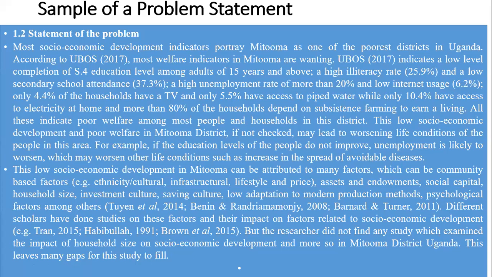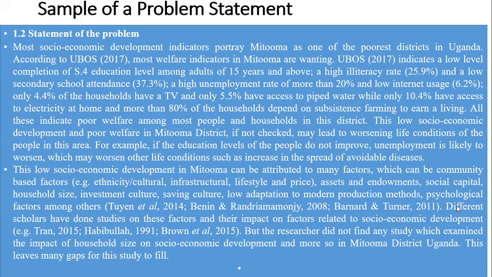We were talking about the problem statement, the second paragraph. Yes, we are talking about this second paragraph, that the researcher is mainly explaining the causes of the problem as suggested by different people or as the researcher may be thinking.